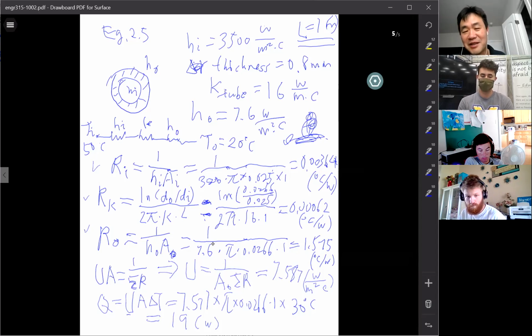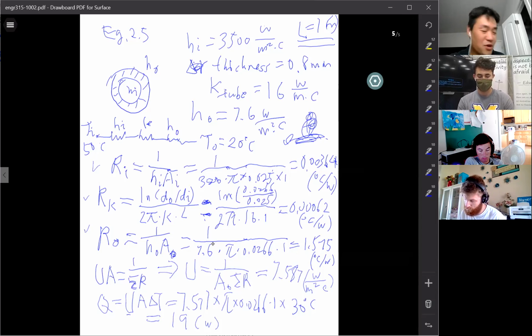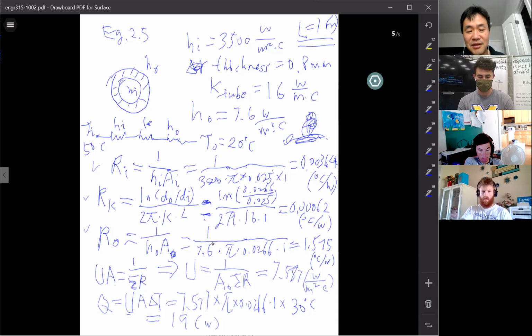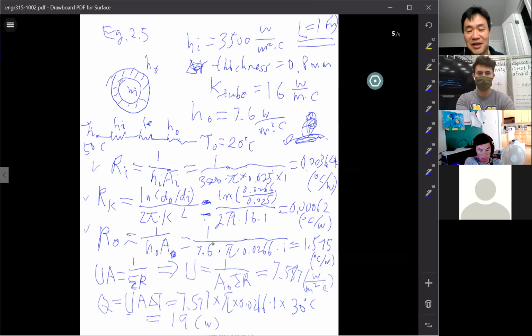You don't know, it's about the same. So which A do you pick? In that sense, to me, it only works for a situation like this example, where one is very dominant compared to the others. Then UA delta T is okay.